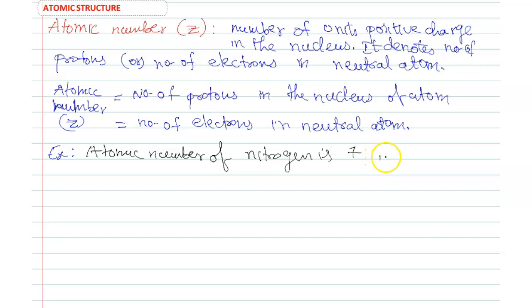That means a neutral nitrogen atom has 7 protons. That is, it has 7 protons plus 7 electrons.